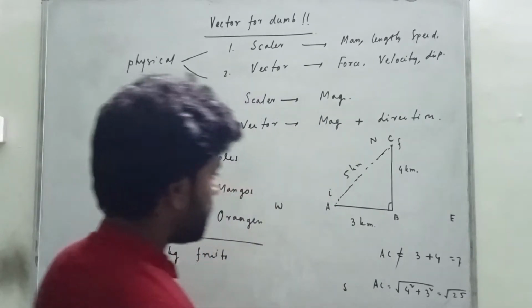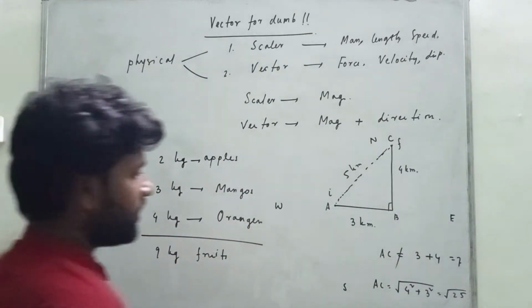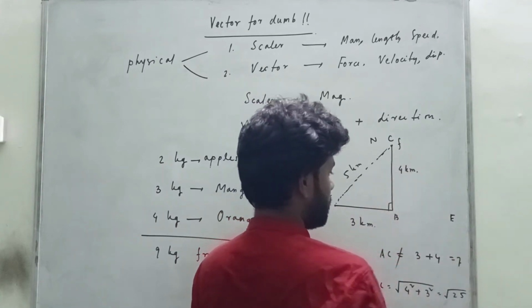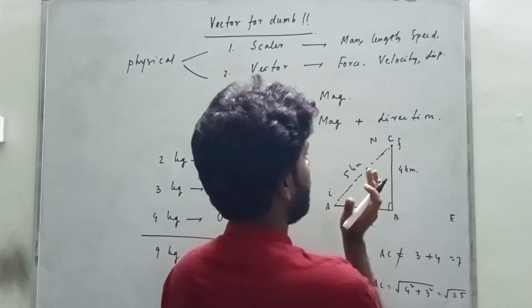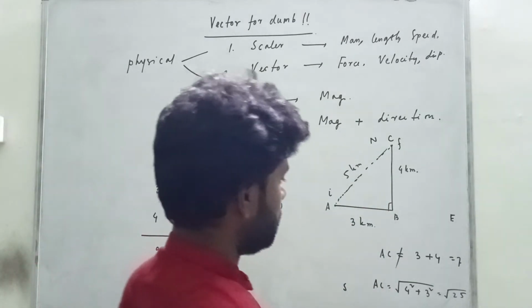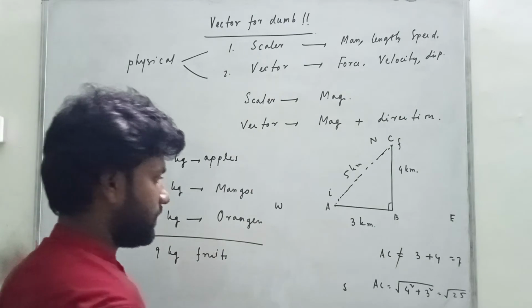Just see what you did. You will not go just 3 plus 4 equals 7. You can't do this; you will apply the Pythagoras theorem here.